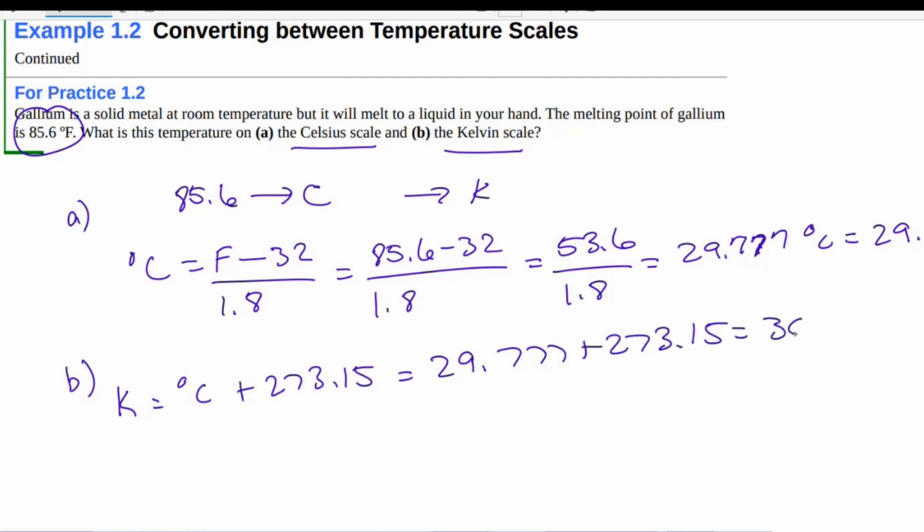So that's equal to 302.977, something like that. So that's equal to 302.9. Oh, is that right? Or 9277. Okay, that's why that rounded to 302.9 degrees Kelvin, sorry.